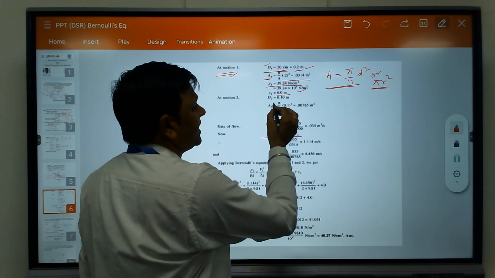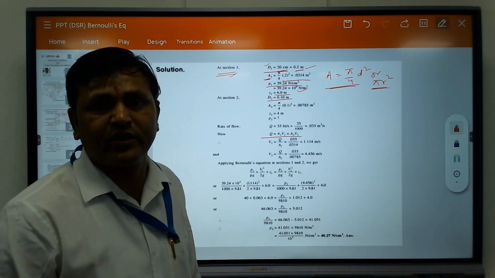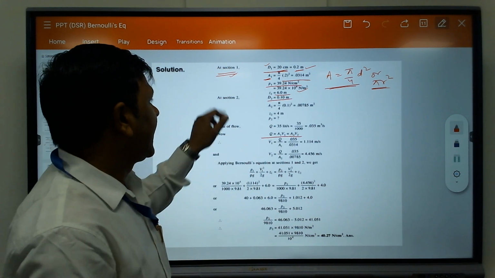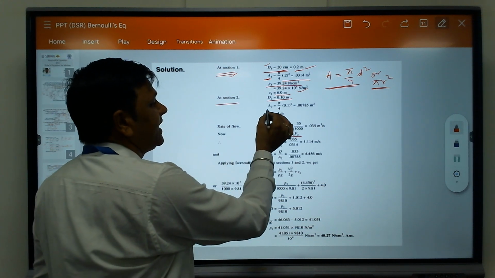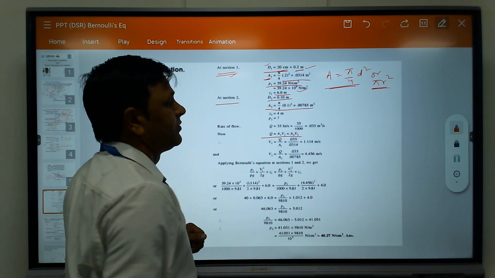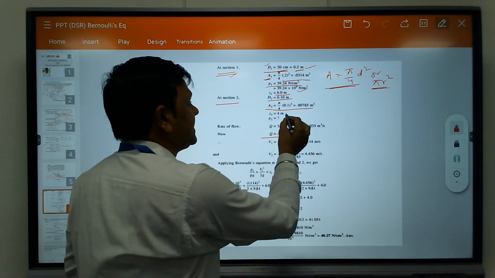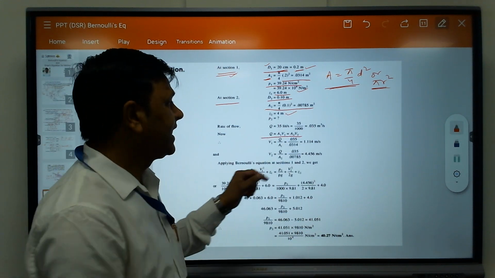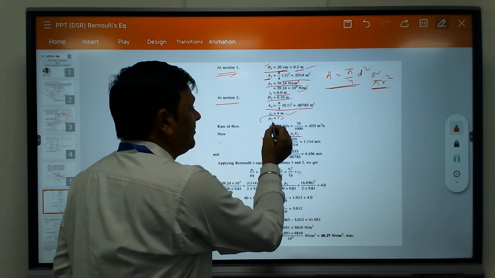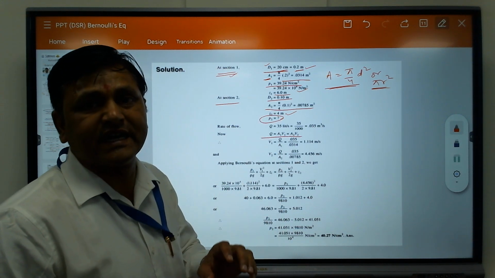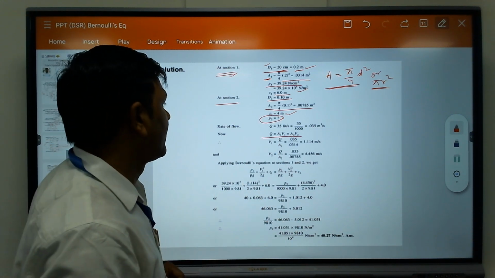Z1 is given, D2 is given 0.10 meter. At section 2, similarly, area A2 is 0.00785 meter square, Z2 is 4 meter. To find P2, to find the intensity of pressure at section 2.